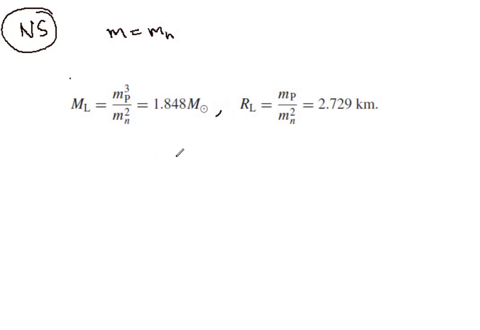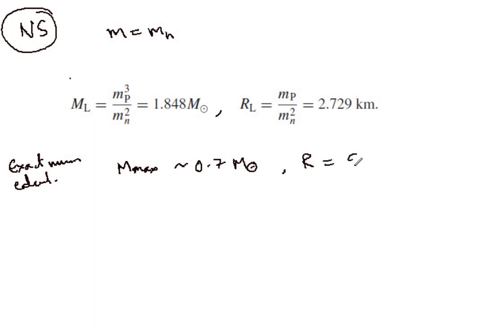Now, it is important to note that exact numerical calculations give us the value of M max around, say, 0.7 solar masses, and also the corresponding R around 9 kilometers.